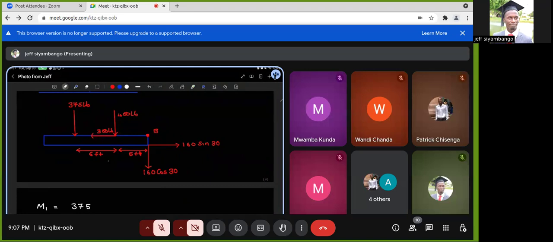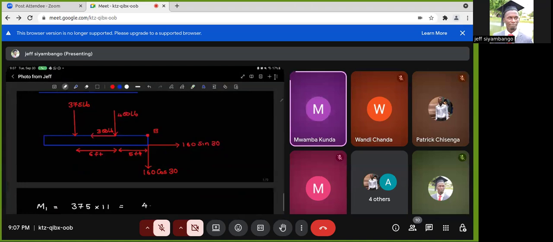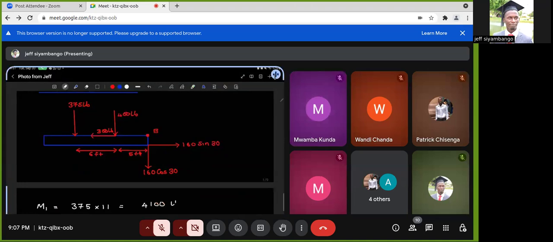The distance now will be 6 plus 5. What will be the answer here?